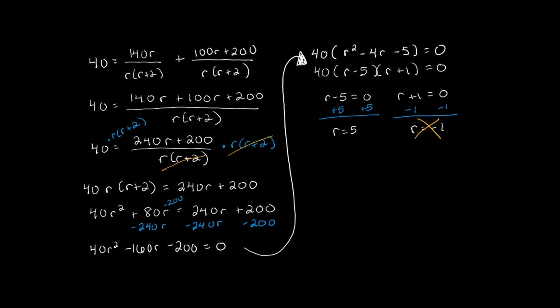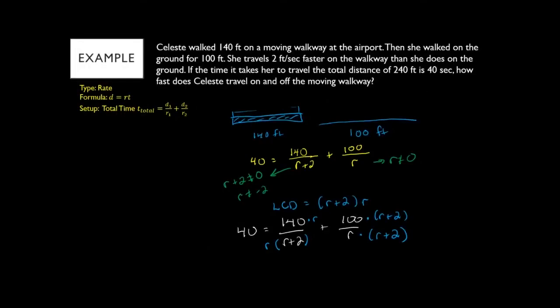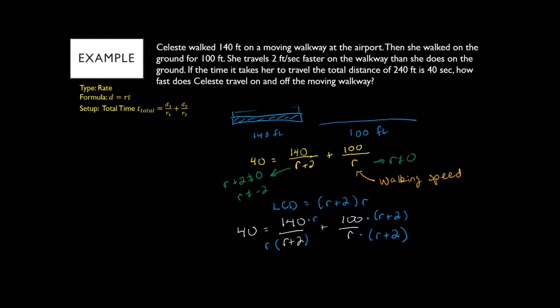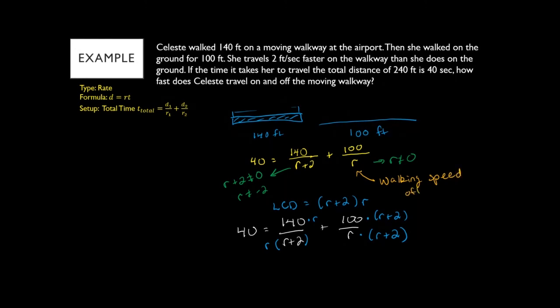So we need to go back to our original problem to figure out what r was. R was our walking speed off the people walker, or people mover. I don't know what you guys call it, but that's what I grew up calling it. That r went with the 100 feet.